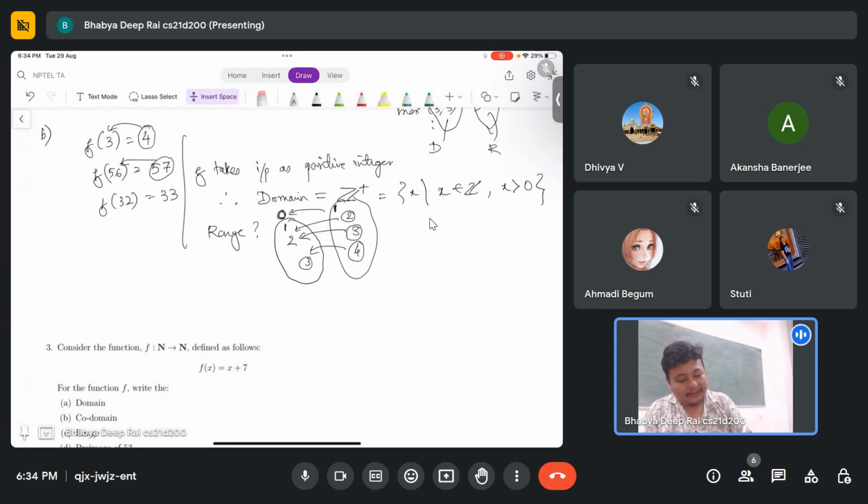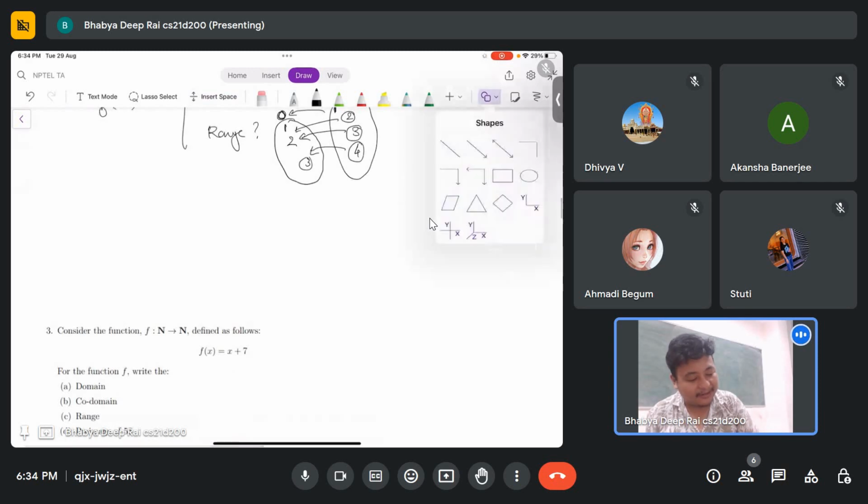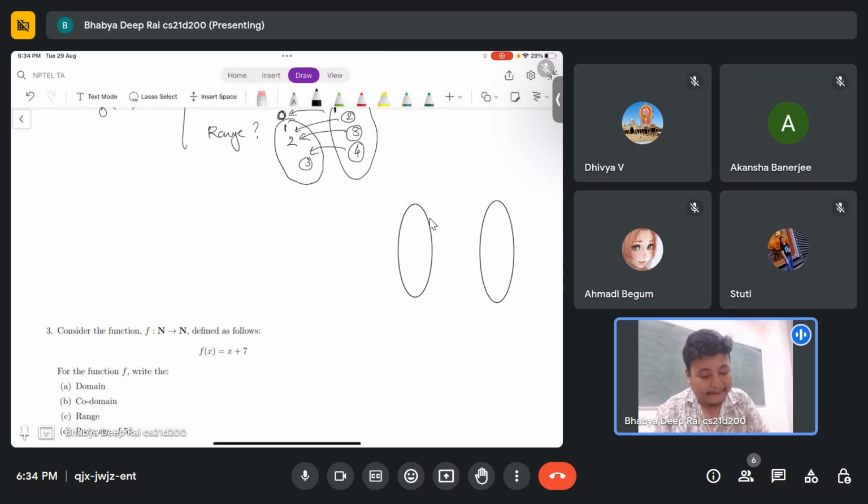In other words, diagrammatically, I write 1, 2, 3, 4 and so on, these are the positive integers, and here I write 1, 2, 3, 4 and so on. 1 maps to 2, 2 maps to 3, 3 maps to 4, 4 maps to 5 and so on, and everything below it gets covered, and this one is left out.